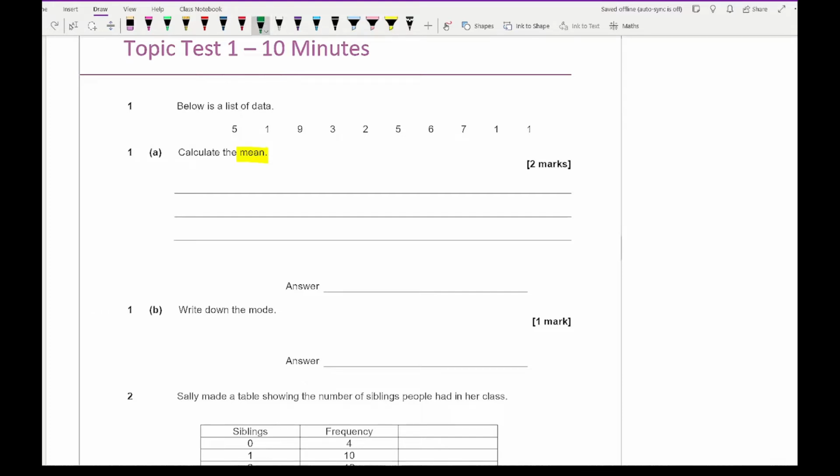I can see we've got 10 numbers, and they are single digit, so I simply add them all up, with or without a calculator, and I should find that the total is 40, and the number of numbers is 10, so the mean is 40 divided by 10, which gives me an answer of 4.